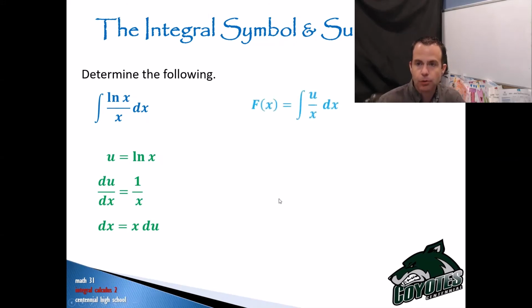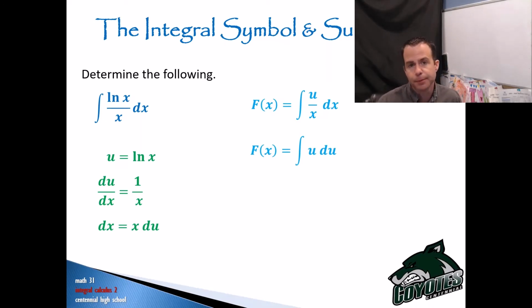Okay, so big F of x will be the integral of u over x, but again, I have this problem right now because I have it as dx. I need to switch that to du, but I know that dx is x du, and then that will divide my x's out, so I'm just left with the integral of u. Now, that's u to the 1.